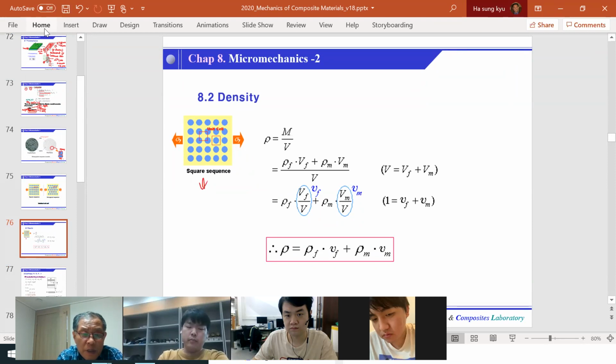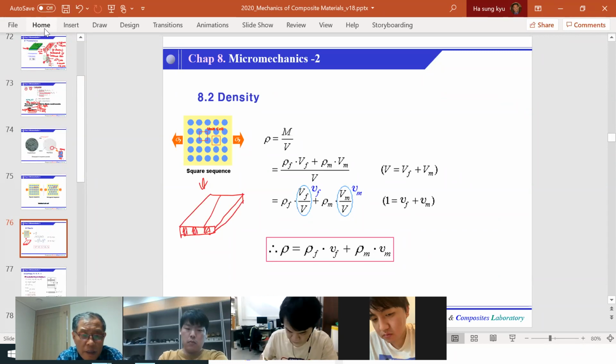This one can be further simplified, like just fiber, resin, fiber, resin, and so on. This can be the simplified model, and in three dimensions we can have pictures like that.